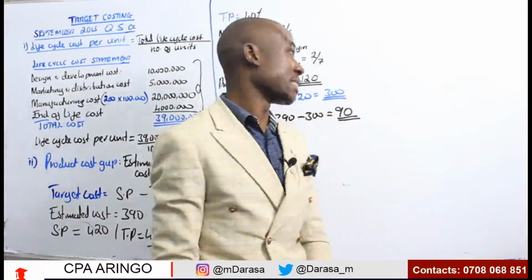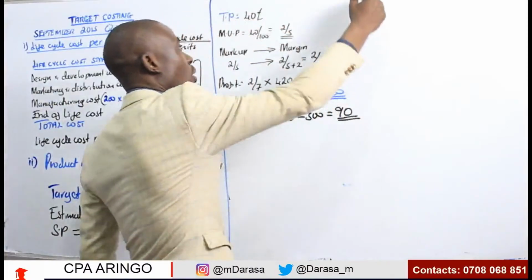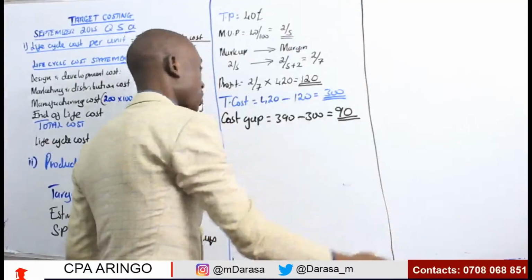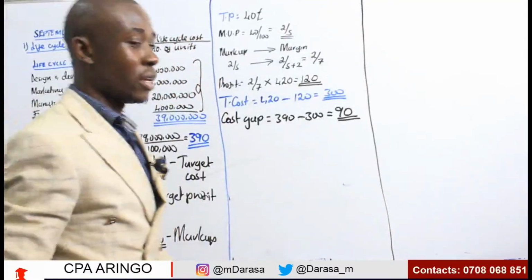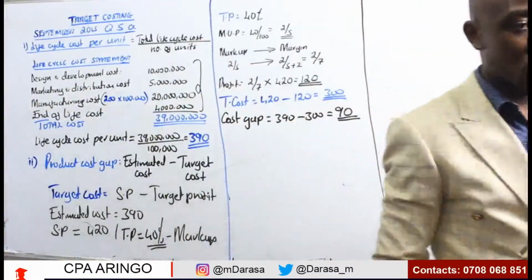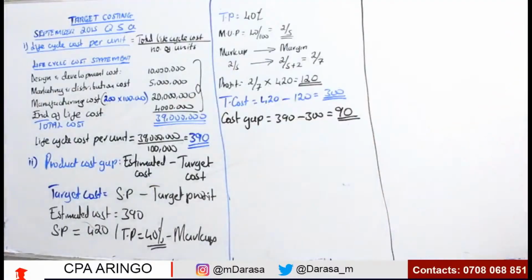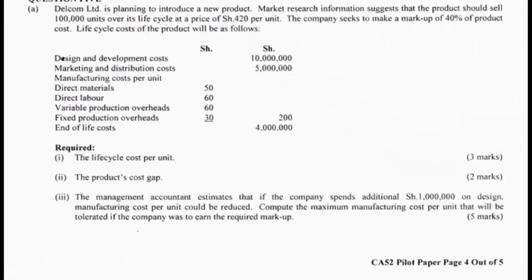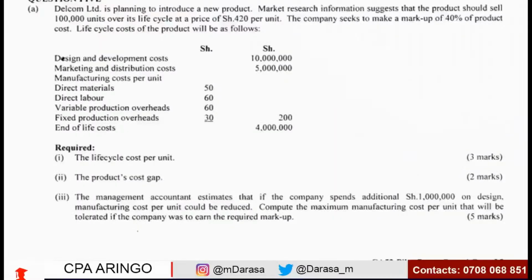Now, after we've determined that one, what was part 3 of the question? Let me share it here. Part 3 of the question: the management accountant estimates that if the company spends an additional 1 million on design, manufacturing cost per unit could be reduced.